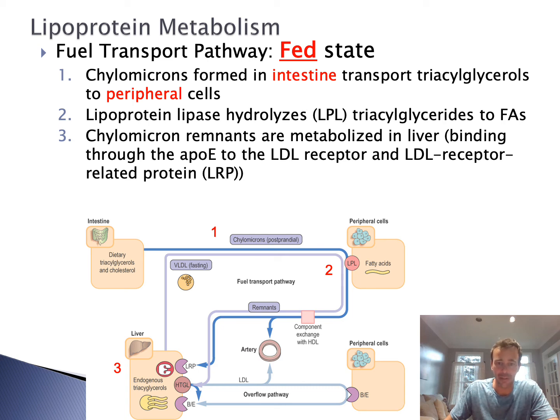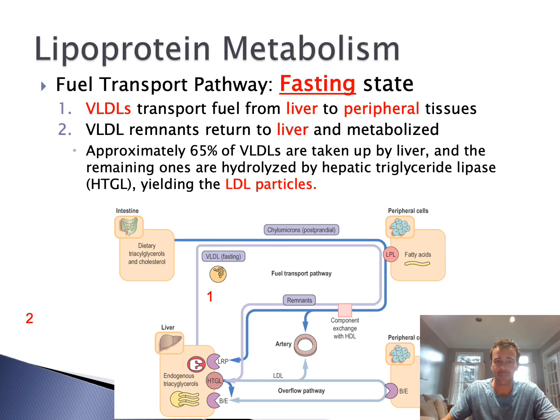Then the chylomicron remnants are metabolized in the liver by binding through ApoE to the LDL receptor, or this LDL receptor related protein, which is shown here, LRP. So that's the fed state of the fuel transport pathway.